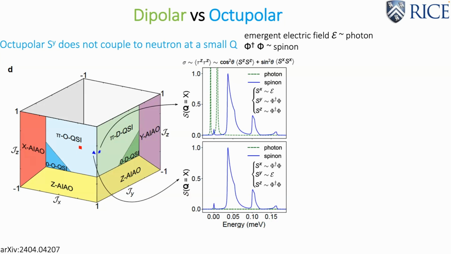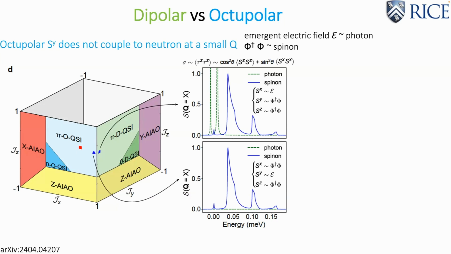The way to distinguish those two is that the octupolar component does not couple to neutron at small q. So here, the emergent electric field is responsible for the photon excitation, and this phi plus phi is for the spin-flip excitation.